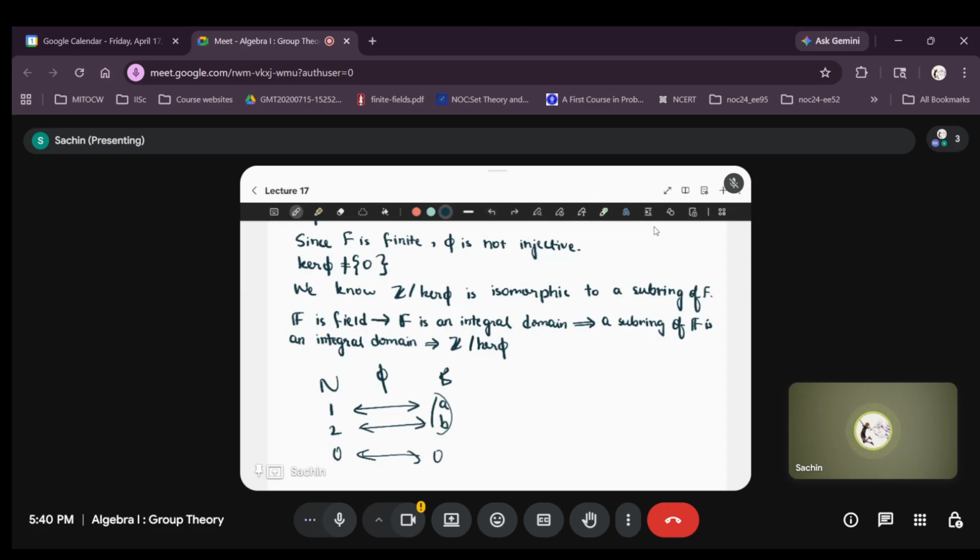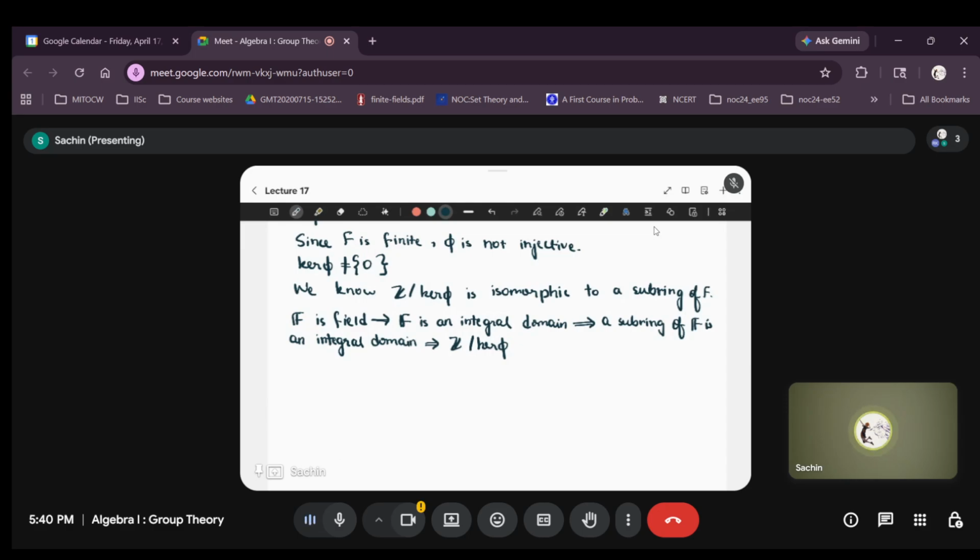It will force that condition. So any type of condition that holds on one side will also hold on the other side, because you can simply use this bijective mapping to go from one side to the other. And that bijective mapping is also operation preserving. So if one side is an integral domain, the other side must also be an integral domain. So Z mod kernel P is an integral domain.